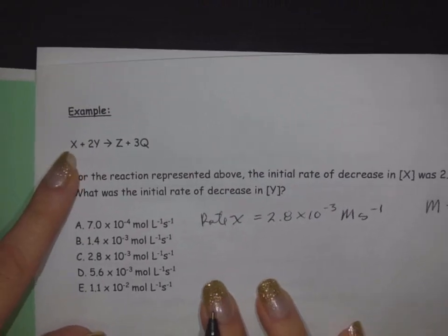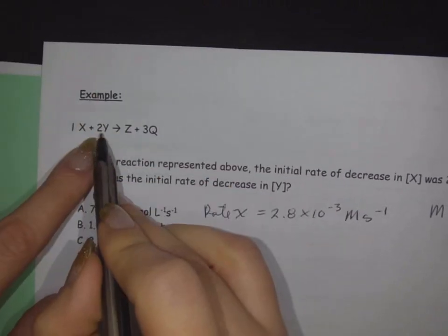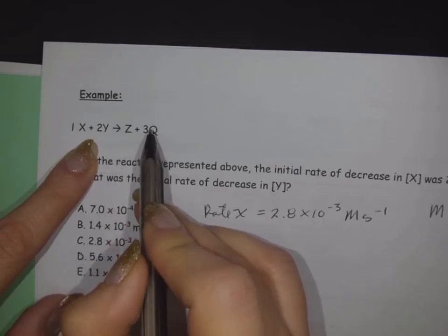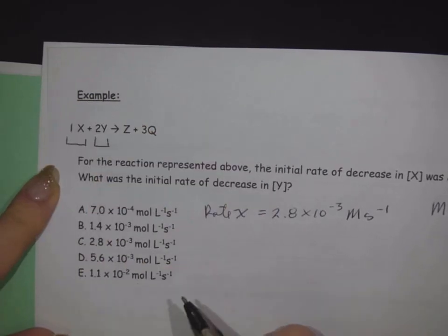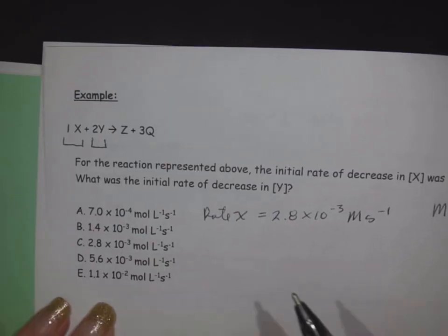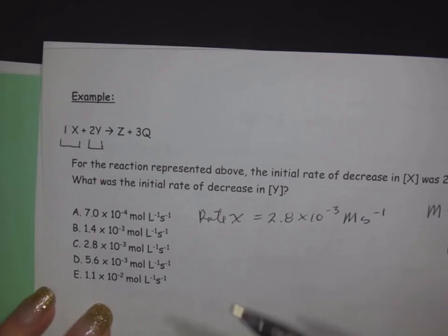Well, look at the equation up here. We have coefficients of 1, 2, 1, and 3, and we know this one, and we're solving for this one. So let's use those coefficients to look at the comparison between their rates.